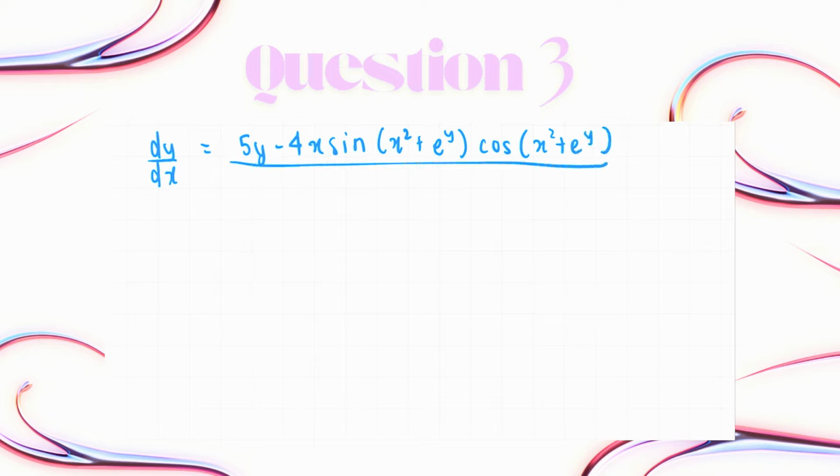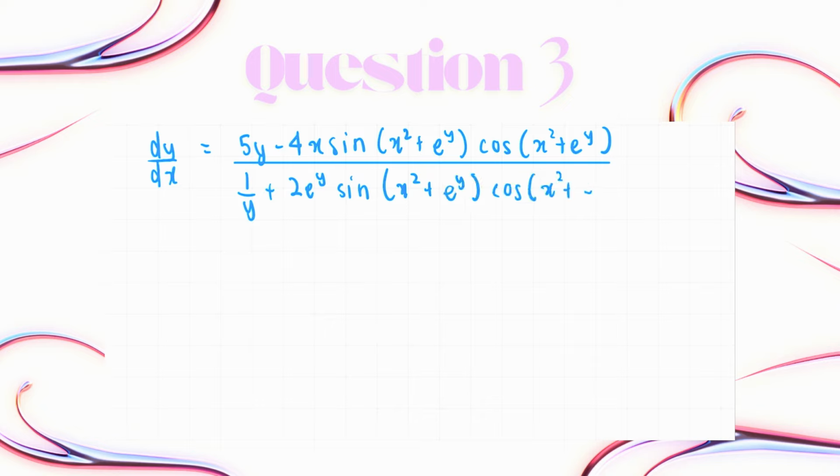And we'll get the final answer, dy/dx equals 5y minus 4x sine of x squared plus e^y cos of x squared plus e^y, over 1 over y plus 2e^y sine of x squared plus e^y cos of x squared plus e^y minus 5x.